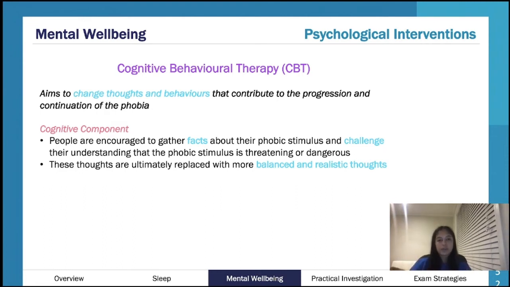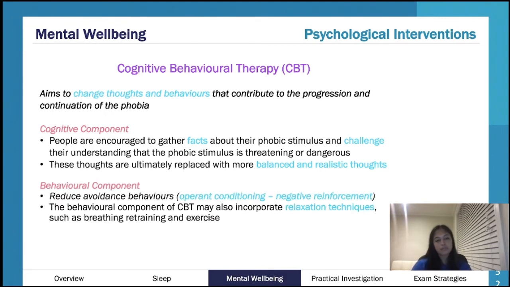So gathering facts about the phobic stimulus, understanding why are you afraid of spiders? Like, what's the actual reality of spiders causing you harm and this and that. The emphasis here is change and replacing. So you're wanting to replace these harmful, negative or irrational thoughts with more logical ones, basically.